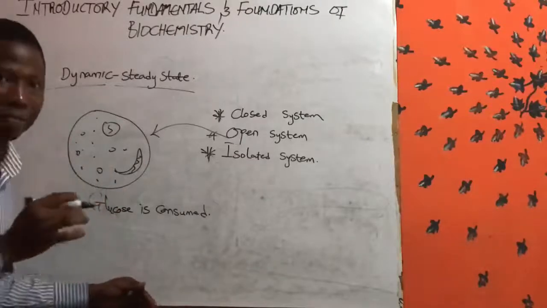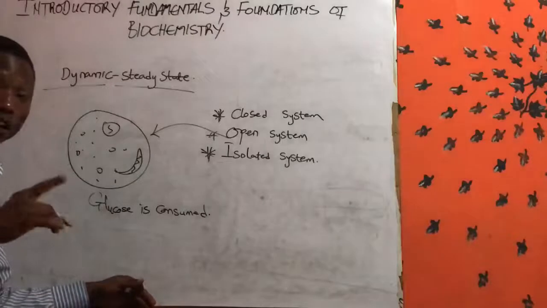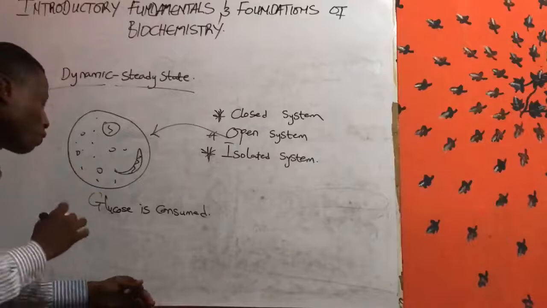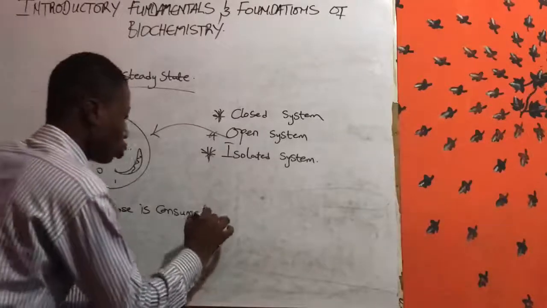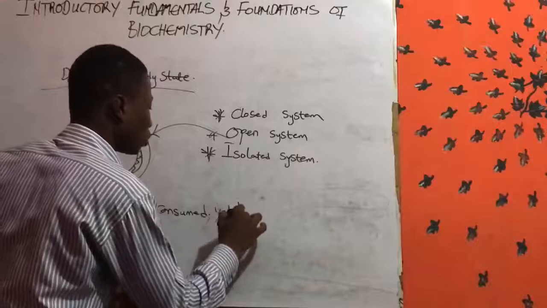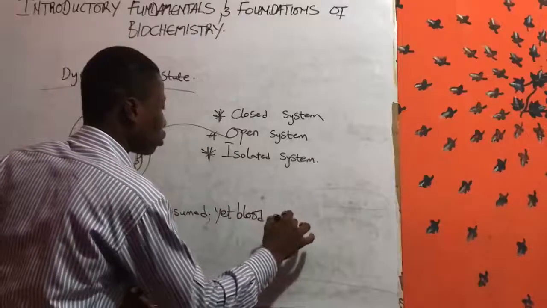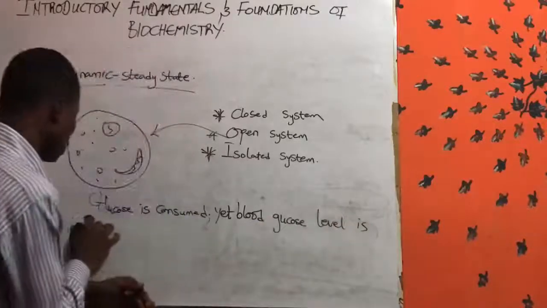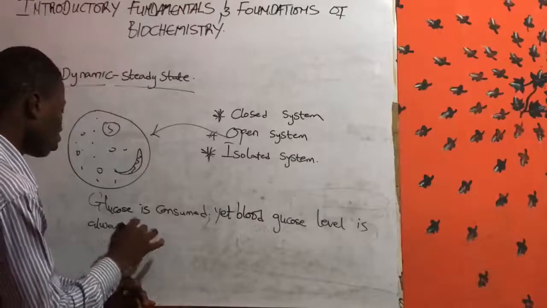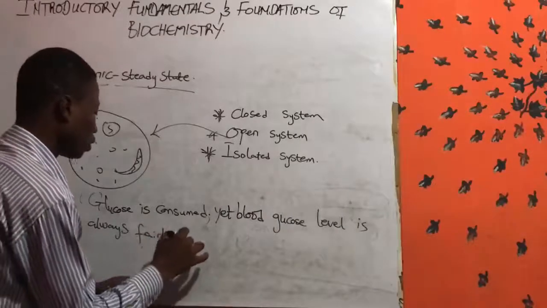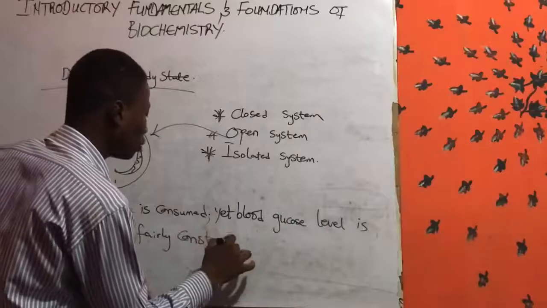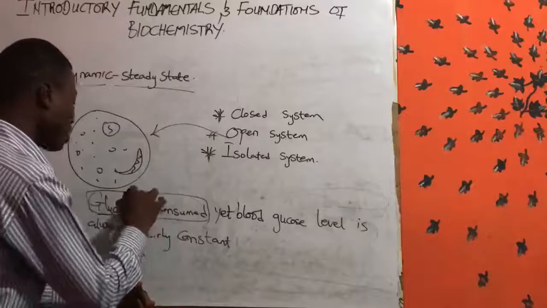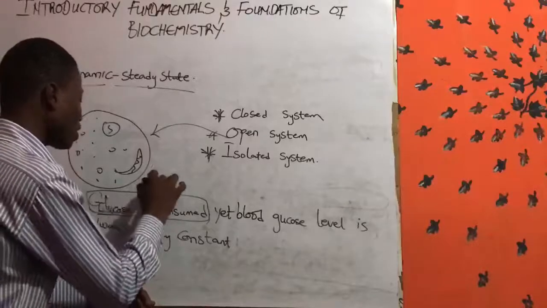Now, despite the fact that glucose is constantly being consumed in your body, your blood glucose level is always fairly constant, which gives us the fact that glucose in your body is dynamic.